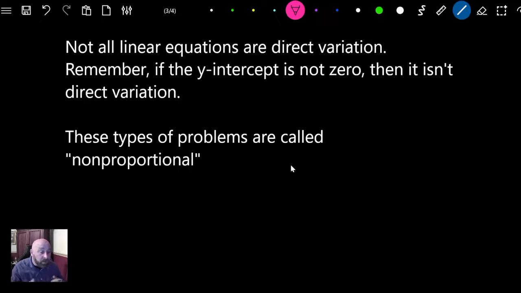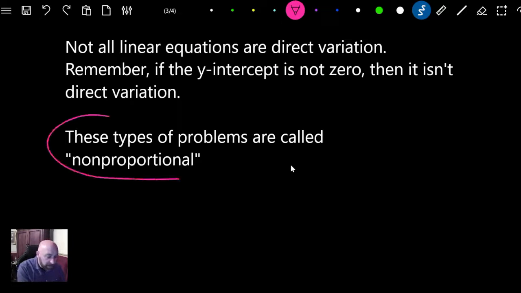So whenever you have a b, so y equals 1/2 x plus 3, for example, when you have that plus 3, that means that this is not going to be a direct variation. So this is just going to be a regular linear equation if you have a b.